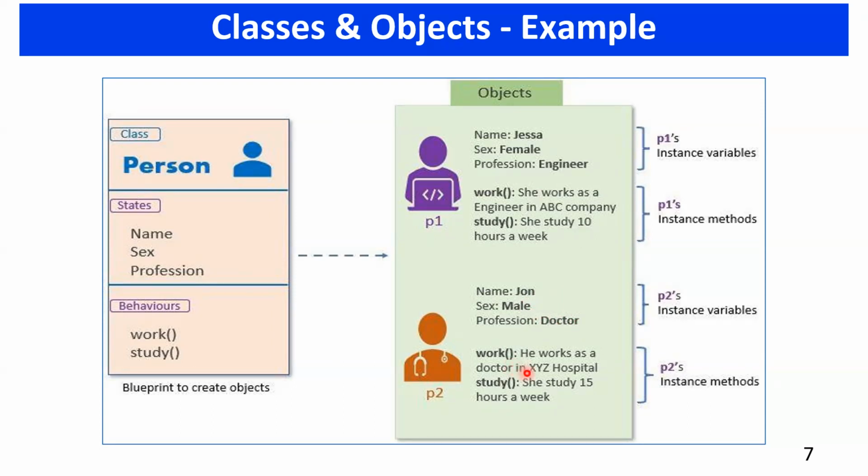The behaviors of the P2 object include that he works as a doctor in XYZ hospital, which is the behavior work, and he studies 15 hours a week. So though work and study are common for both the objects P1 and P2, their states are different. They have different sets of behaviors and different sets of states.